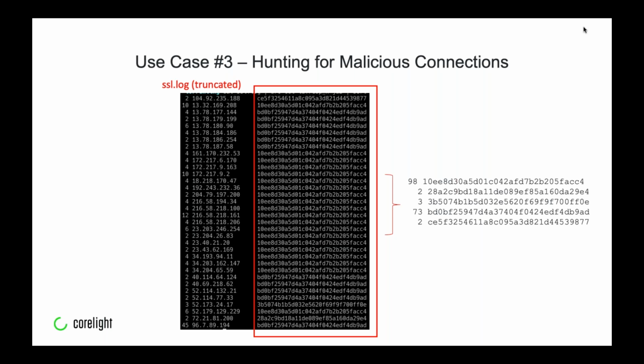But take a look at the left-hand side. Watch that JA3 hash hop between different IP ranges and different IP addresses. Depending on what those ranges may equal to, this gives me something else to dig on. This gives me another piece of metadata to include as part of my analysis. You can see the same exact thing happen with the BD0BF JA3 hash.